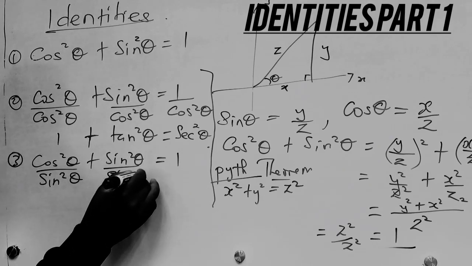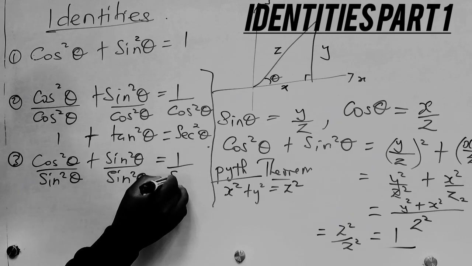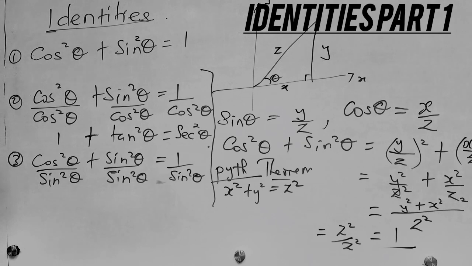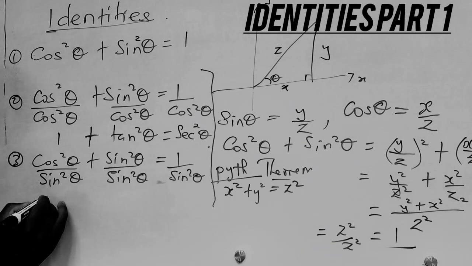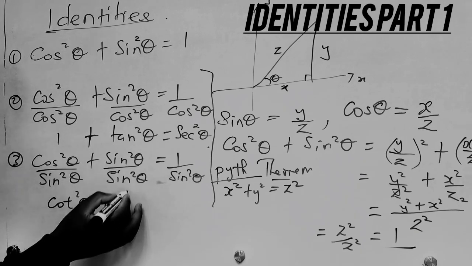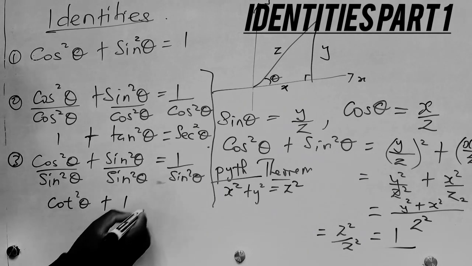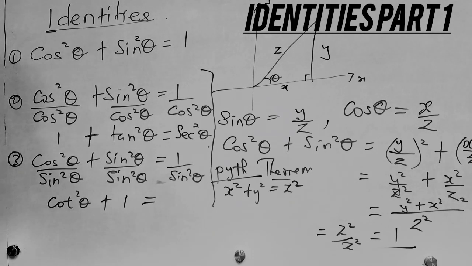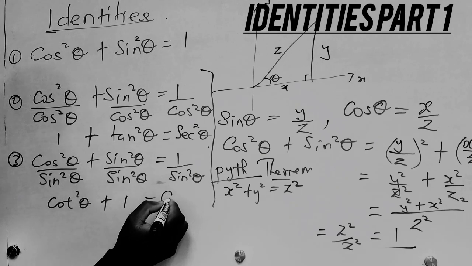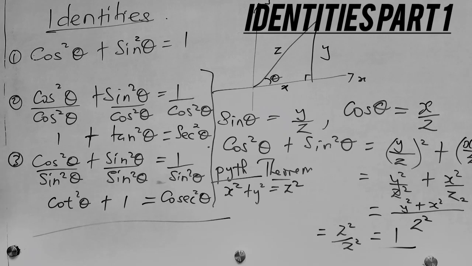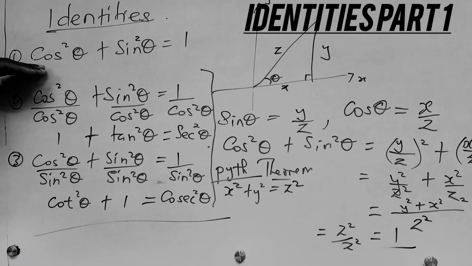Cos over sine gives us cot theta, so this is cot squared theta plus sine squared over sine squared, which gives us 1, is equivalent to 1 over sine, which is cosec theta, but since it is sine squared, it's cosec squared theta. So these are identities we can derive from our main identity, which is this one.